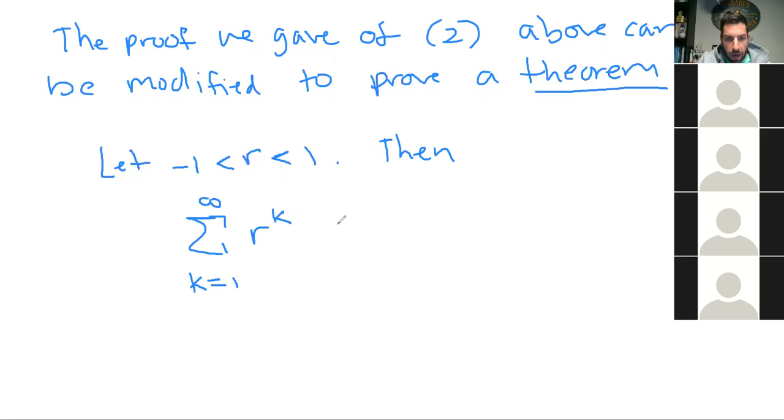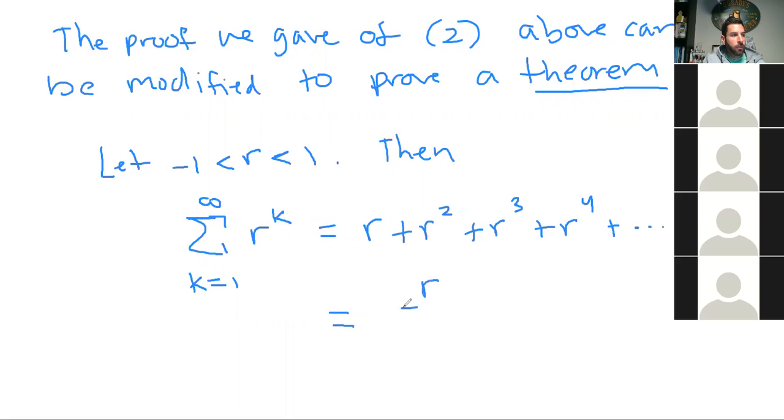So in the previous problem, what was our R? It was 1/2. If you look at homework question 5, what is your R? It's 4/5. If R is between -1 and 1, this series, which would be R plus R squared plus R cubed plus R to the 4th, and so on, has a very nice sum.